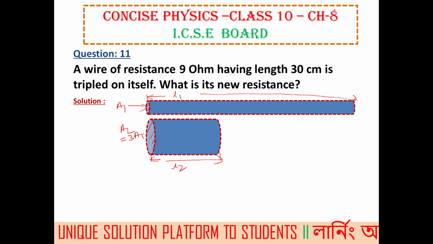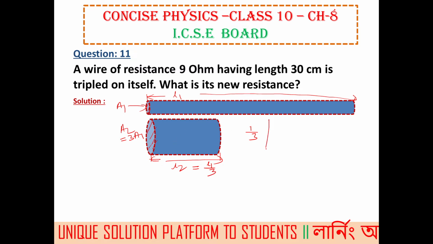So here the cross section area is tripled, so obviously the length will become 1/3. So I can say here L2 will be L1 by 3.